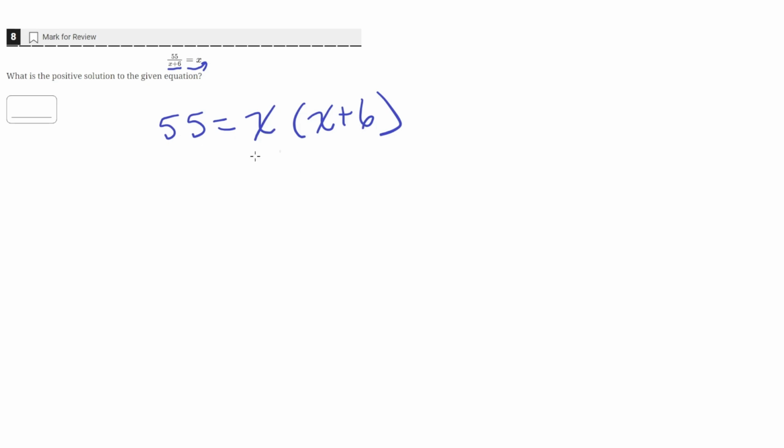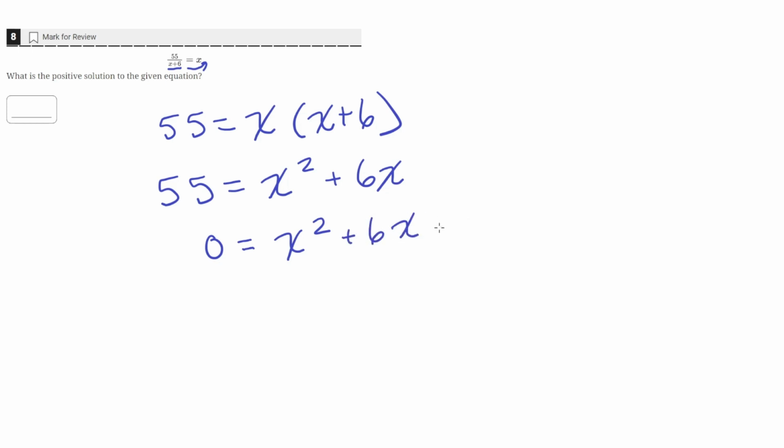So now that we have this, we can just distribute this x right here. So 55 equals x squared plus 6x. And then we can move this 55 over to the other side so that we can get this quadratic equation right here. X squared plus 6x minus 55 equals 0.